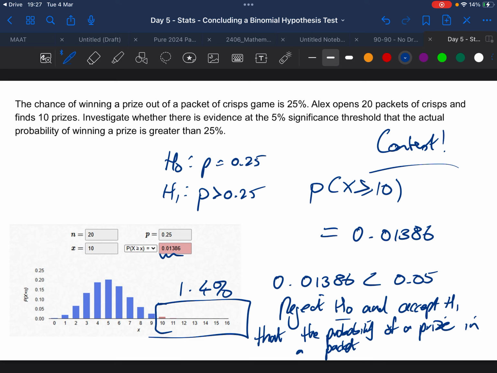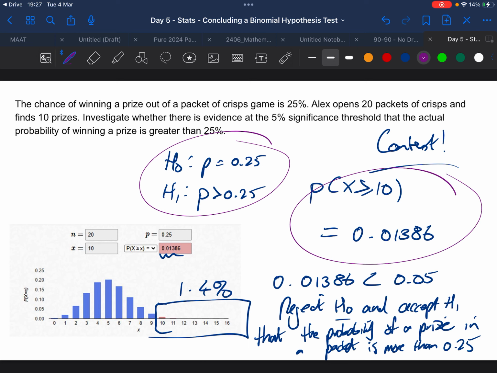The probability of a prize in a packet is more than 0.25. And there you go. That's what we need to do to get a top answer. We need our hypotheses, we need to back it up with statements, and hopefully it's making more sense now why we're saying what we're saying, because it's so special. We're rejecting what we've been told, and we've found evidence that actually it is more.